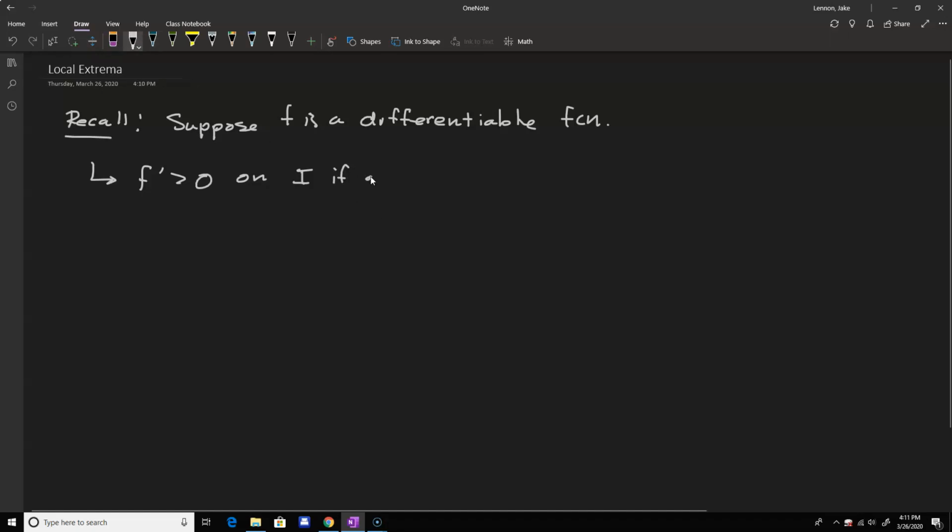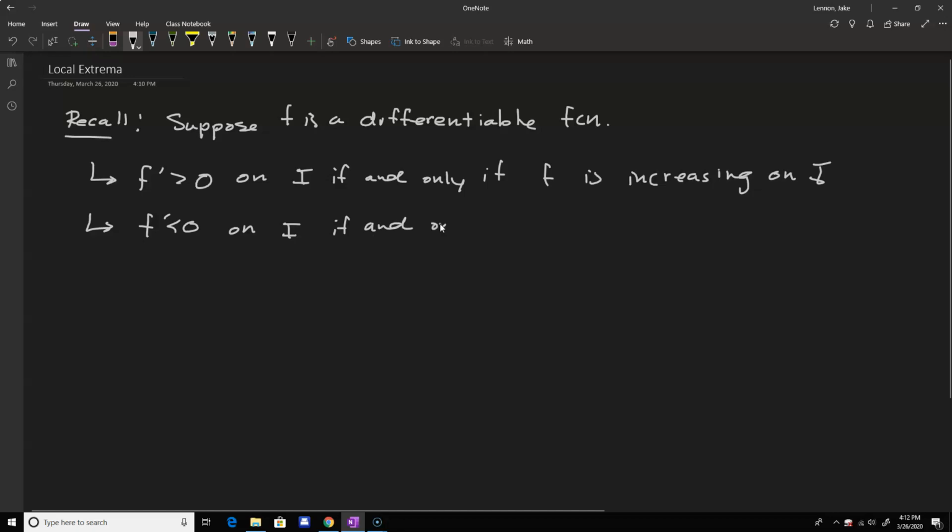So that's if and only if f is increasing on I, and analogously the first derivative is negative on some interval I, just meaning some interval of input values x, if and only if f is decreasing on I.